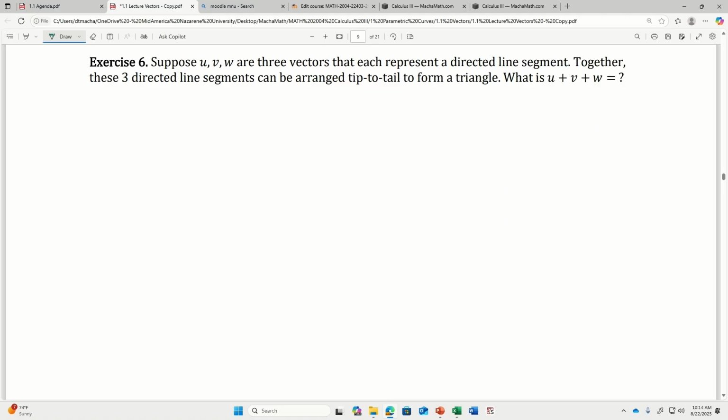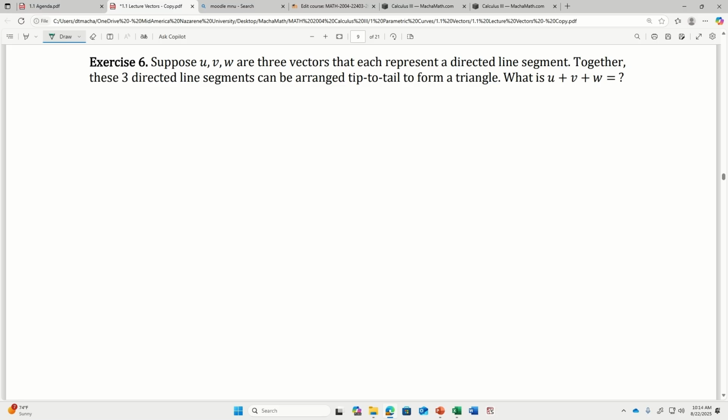All right, suppose u, v, and w are three vectors that each represent a directed line segment, or an arrow. Together, these three directed line segments can be arranged tip to tail to form a triangle.